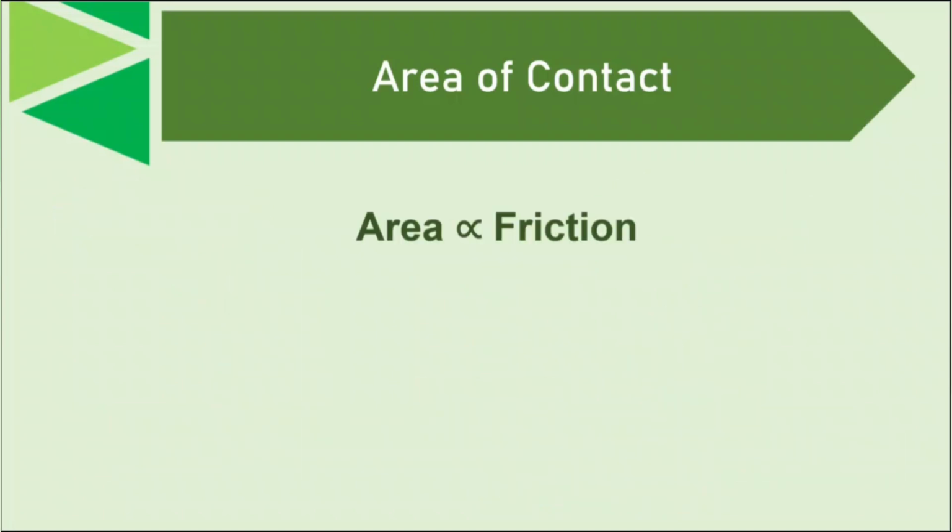So, in terms of physics, we can say that the area of contact is directly proportional to friction. So, this symbol means directly proportional. It's not something that's in your portion right now, but it's a good thing to know this. So, what this means is that when area decreases, friction also decreases. Directly proportional means that if one quantity decreases, the other also decreases.